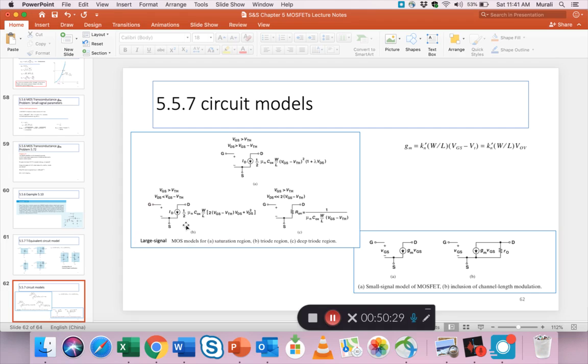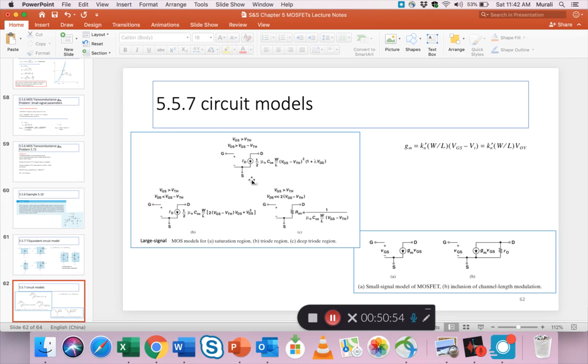This is called the triode region, again open here, but now the formulas are slightly different, and here he's also using the lambda factor. And then he has the deep triode region, which is very low VGS. There we know that the whole transistor can be modeled using a resistor, so he's shown that also.